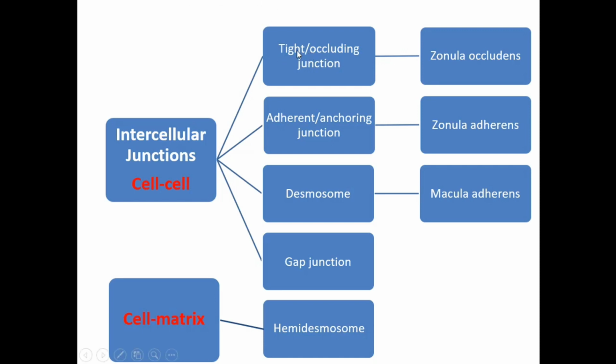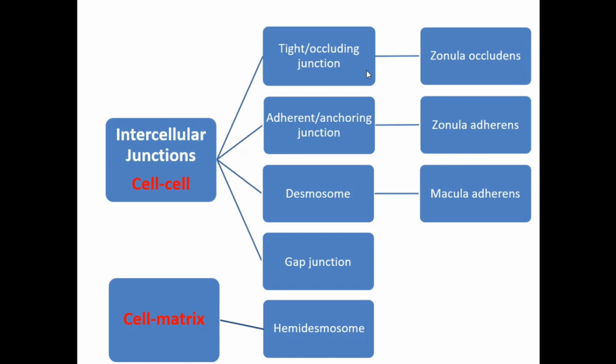The first one is the tight junction or closing junction. These junctions seal between the cells. The cell membranes of the cells attach firmly together, and these junctions also seal the paracellular space. It means material cannot pass through this pathway.